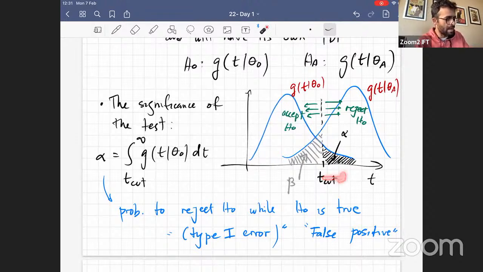But if you move this cut to the right, then you are also increasing this area here that is being integrated. So it is this typical compromise when you are studying physics, some data analysis of some experiment: you move your cut in order to accept more and more signal, but then you are also swallowing a lot of background as well, right? So where to stop is part of data analysis, and you need to define what is the optimal point.